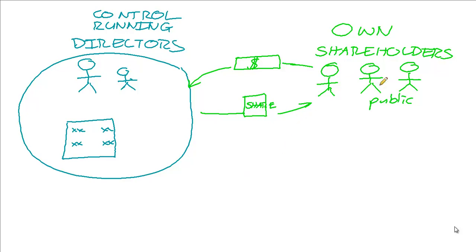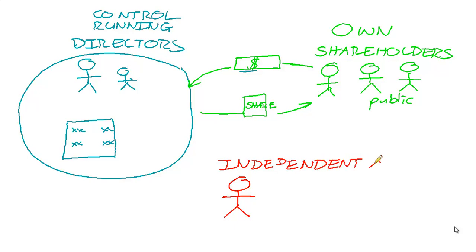So to make sure that these shareholders' money is being protected, we need to introduce another party, which is this guy here in red, and we're going to call him our checker. He's going to make sure that the financial statements prepared by the directors are actually fair and reliable. And he's known as the independent auditor.